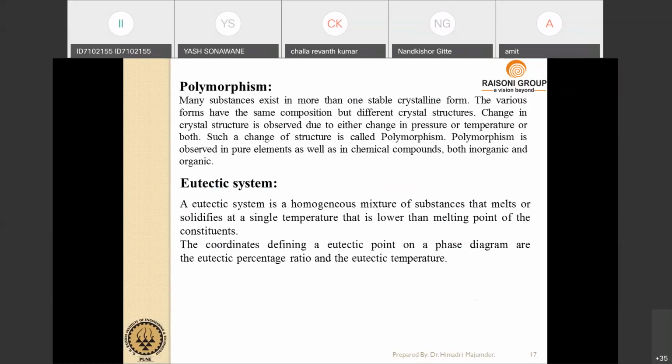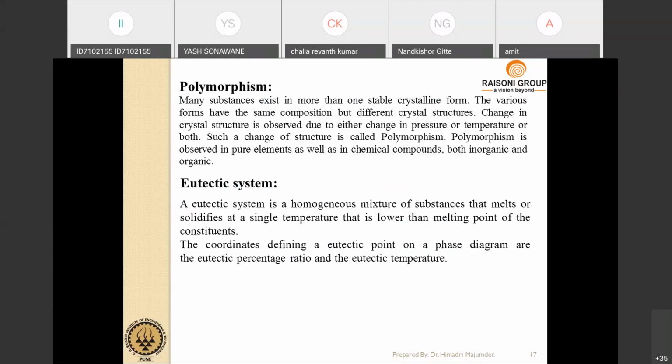Change in crystal structure is observed due to either change in pressure or temperature, or both. From ice, if you give some temperature or some pressure, it will form water. So here the crystal structure has been changed by applying pressure or temperature.